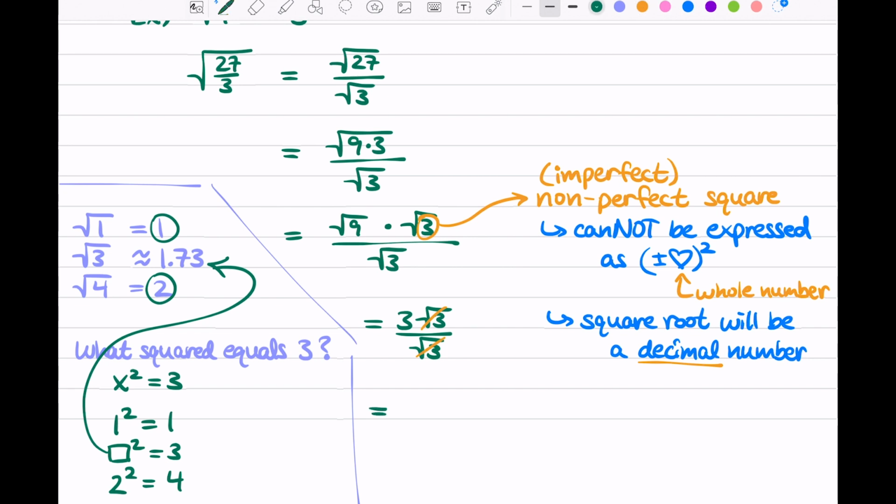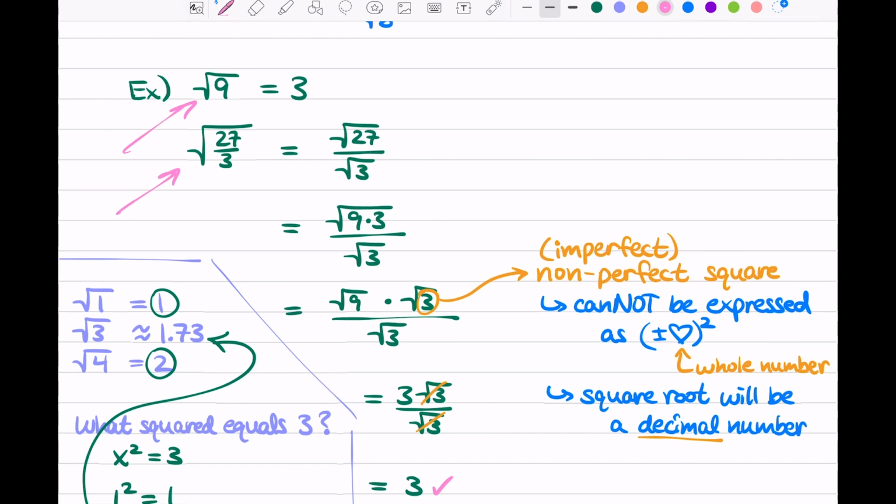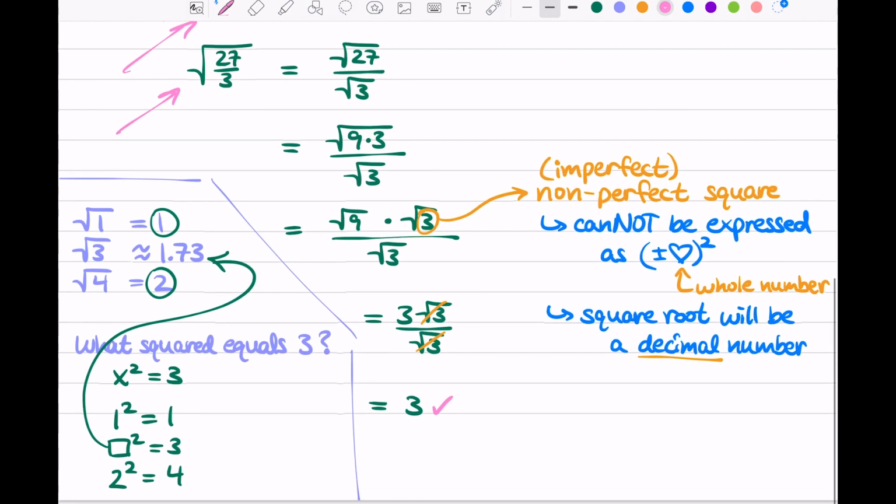And we're left with a 3. And again, that's what we wanted. We were looking for a 3 because we know that the square root of 9 equals 3, and we wanted to show this using the division property. We rewrote 9 as 27 over 3, and we used the property to get us to 3 at the end.